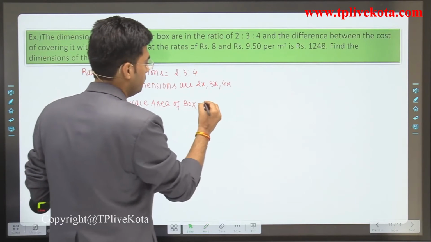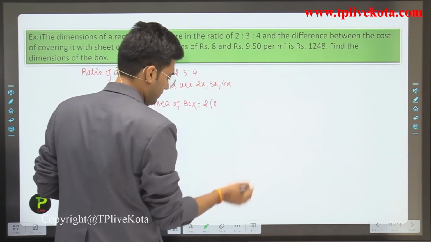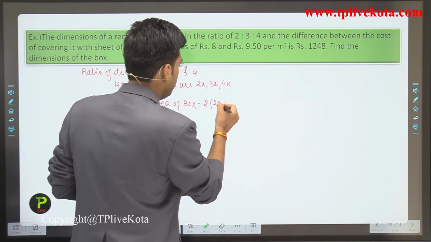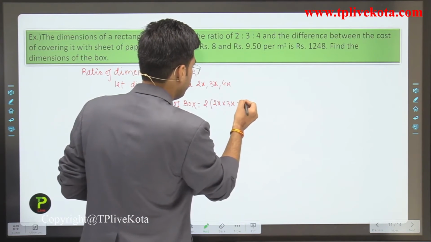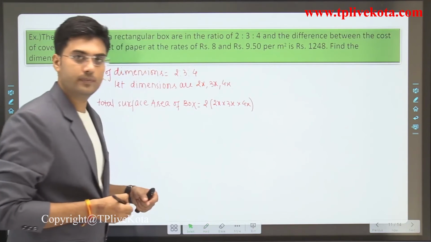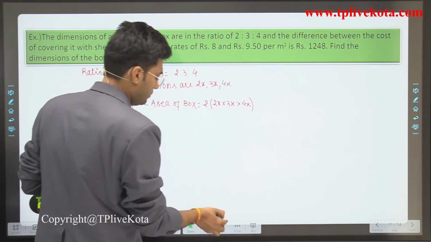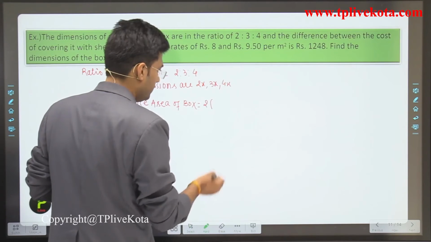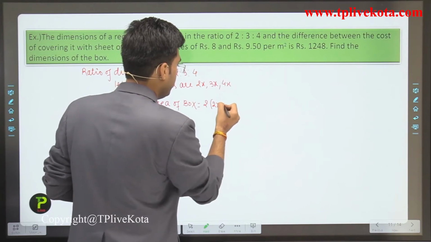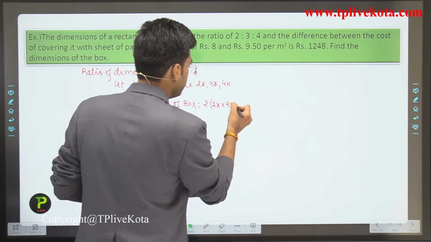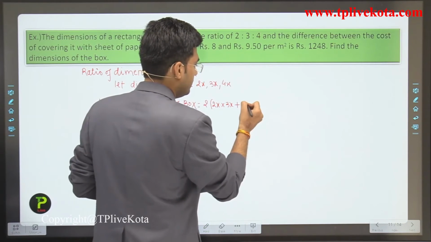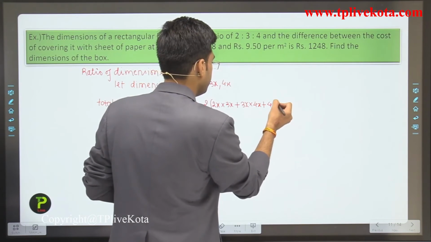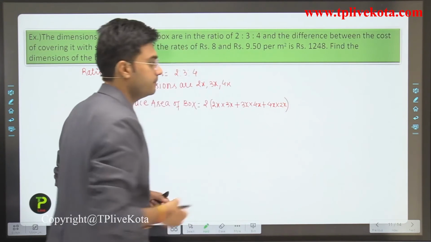It is equal to 2 times (2x multiplied by 3x plus 3x multiplied by 4x plus 4x multiplied by 2x).